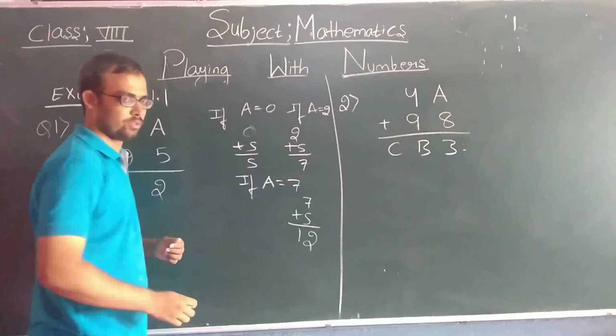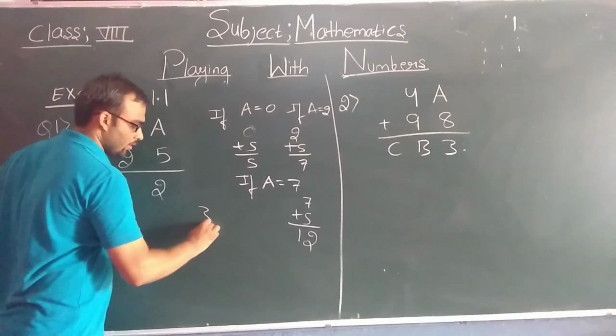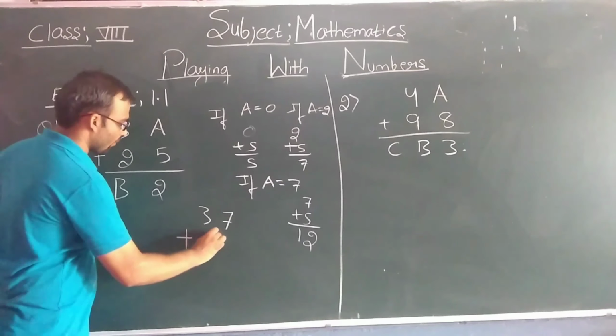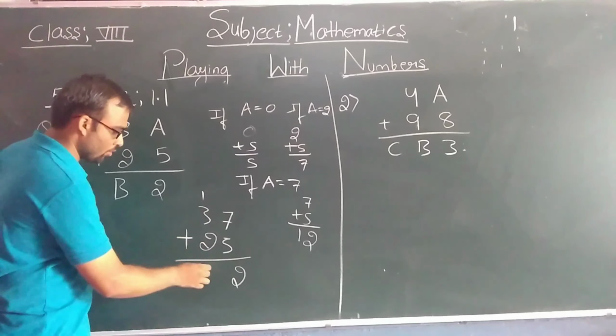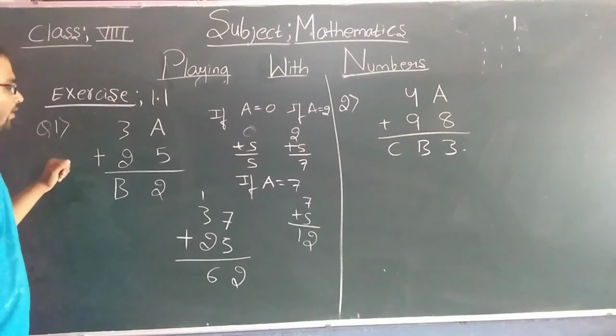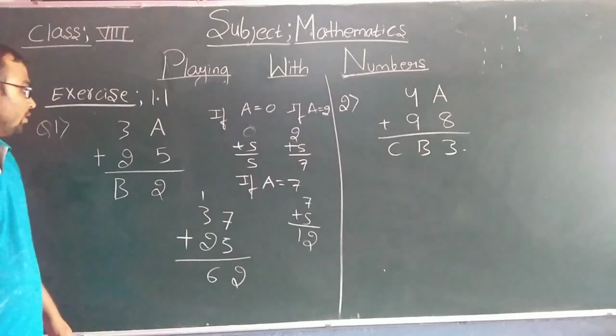So let us take the value of a as 7 and rewrite it. Here 3 plus 7, 2 plus 5. 7 plus 5 is 12, write 2, 1 carry. 1 plus 3 is 4, 4 plus 2 is 6. So here, a plus 5 is 2 at the ones place, and when we take a as 7 we get the same 2.